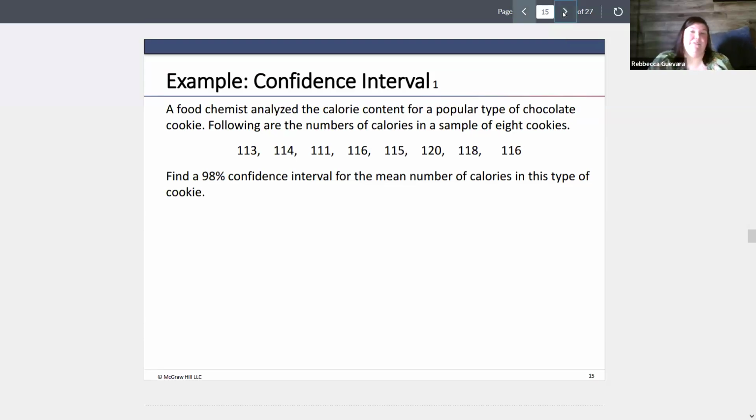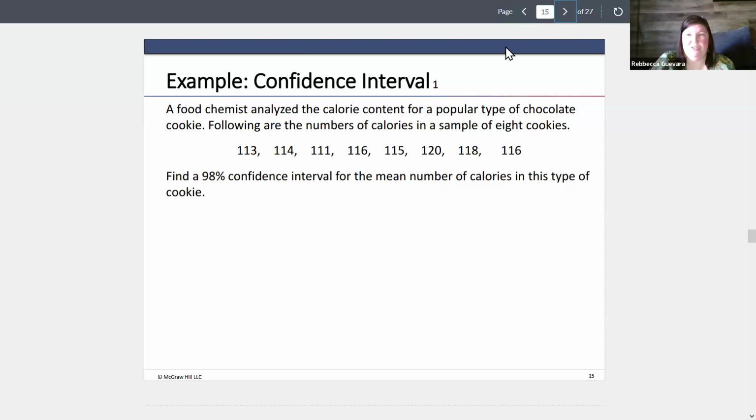As you see, we have 8 cookies, some 113, 111, 120, so kind of all over the place, but not too spread out. We want to find a 98% level of confidence for the mean number of calories in this type of cookie. If you can, grab this data quick, because we're going to take you over to a TI-84.